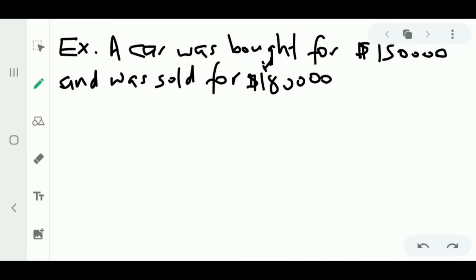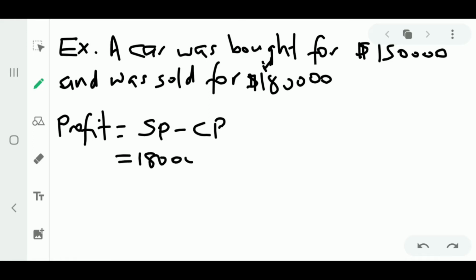So a car was bought for $150,000 and was sold for $180,000. So the profit is equal to selling price minus cost price. So we sold it for $180,000. We bought it for $150,000.